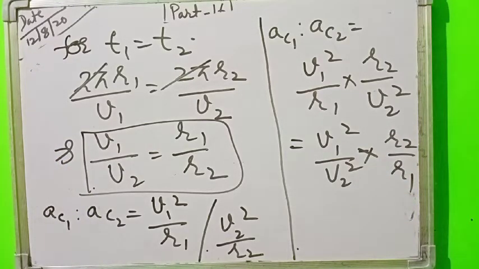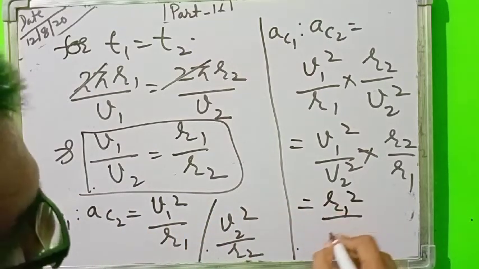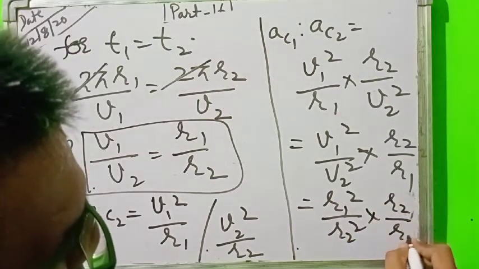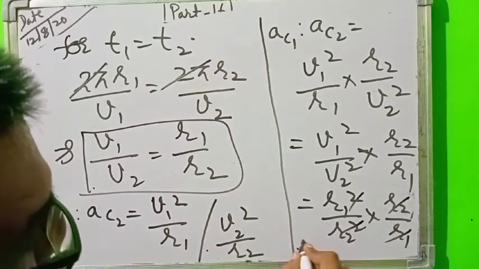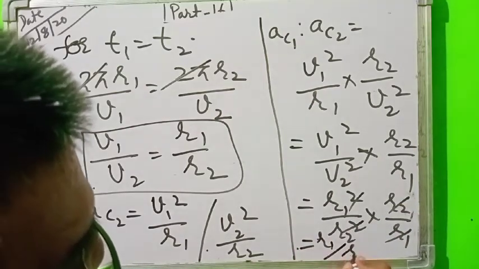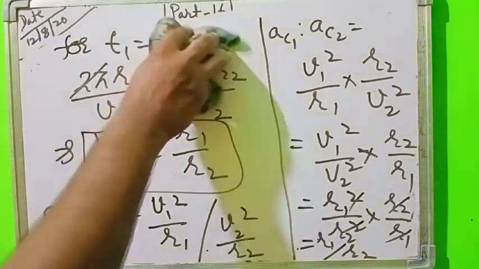Now V1 upon V2 is R1 upon R2, so it is R1 square upon R2 square into R2 upon R1. R1 cancels, R2 cancels, and it is equal to R1 upon R2.